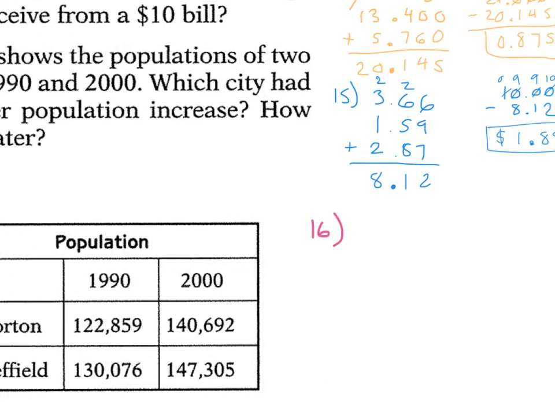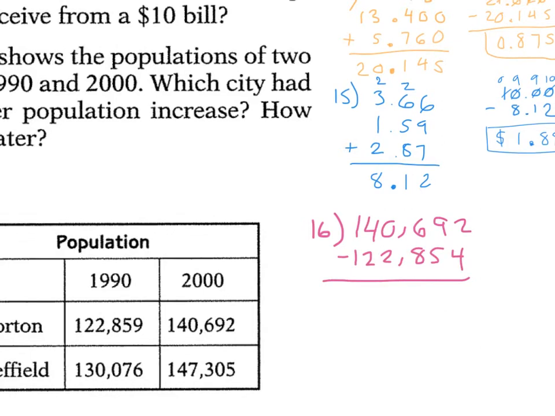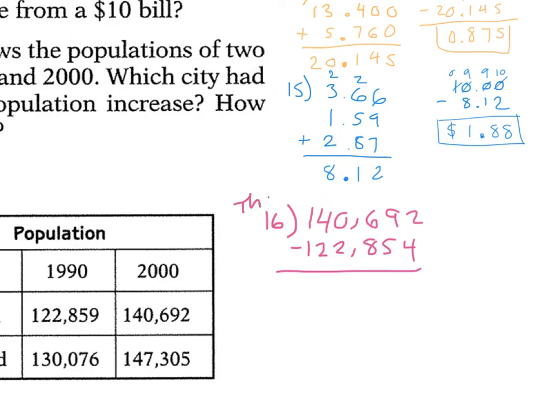So starting with Thornton, we have 140,692. We're going to subtract 122,851. So this one here is Thornton.